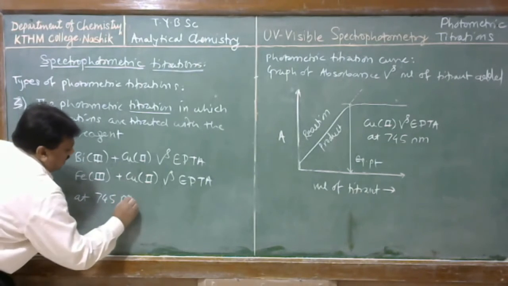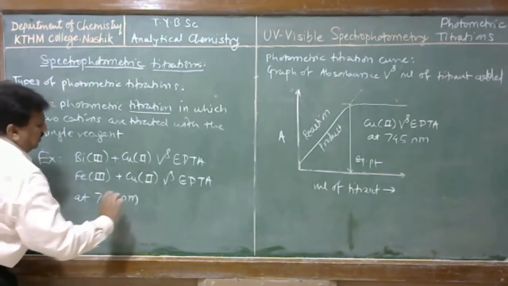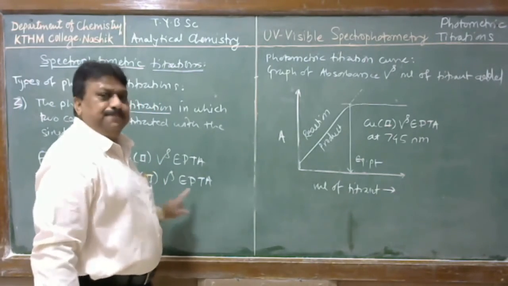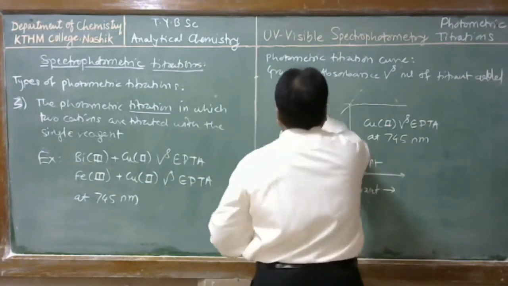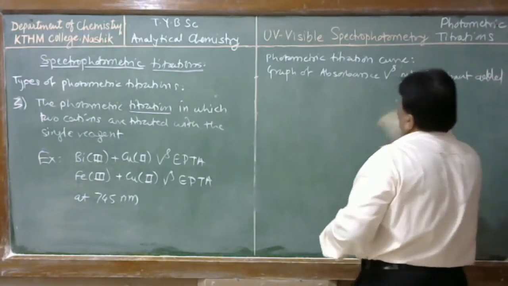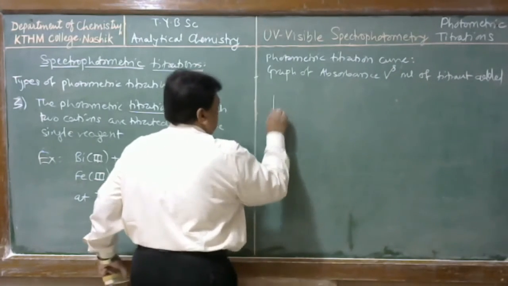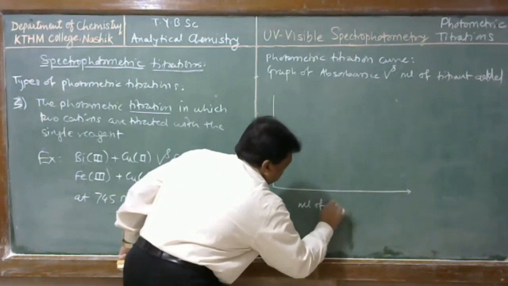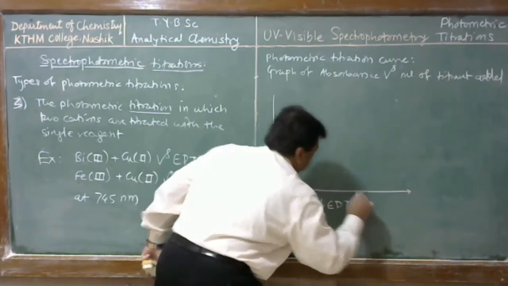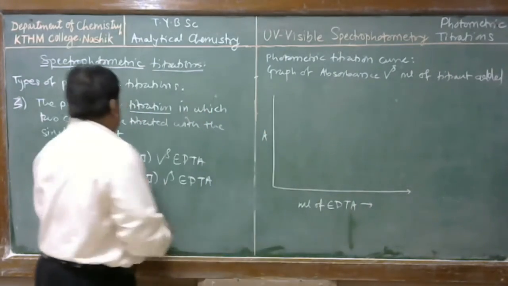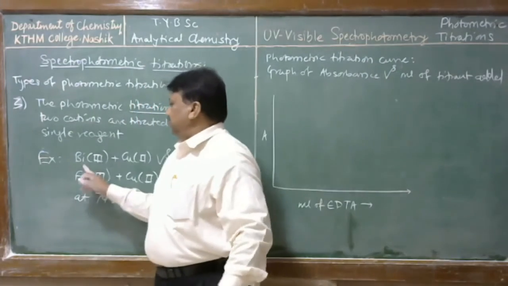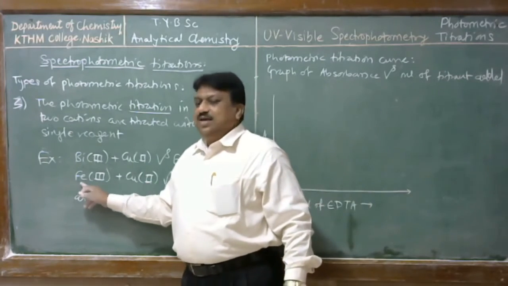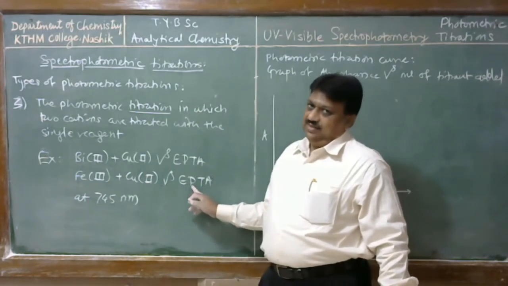As we know, at 745 nanometer only the copper EDTA complex absorbs. Therefore, the nature of the photometric titration curve for this mixture is like this. This is the absorbance as a function of mL of EDTA added, because it is the titrant. In this titration, a mixture of bismuth and copper can be titrated with EDTA, or a mixture of iron(III) and copper can be titrated with EDTA.